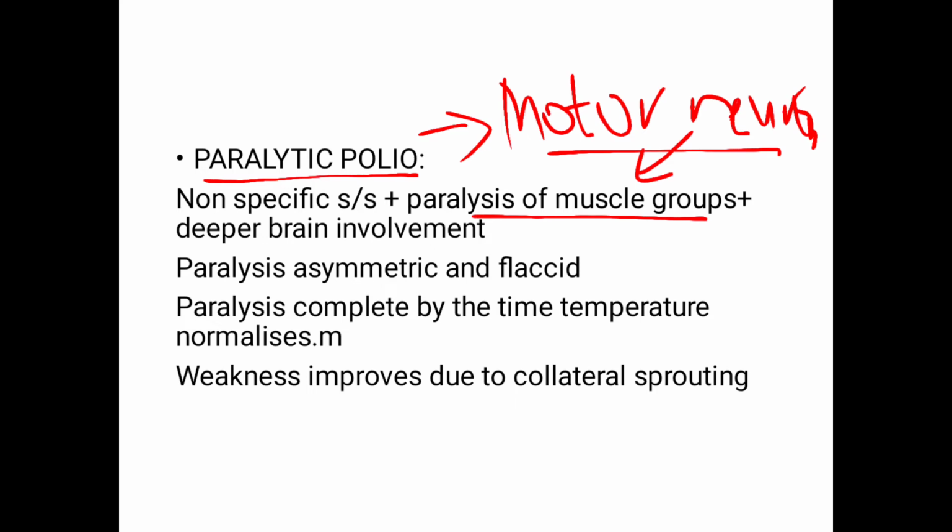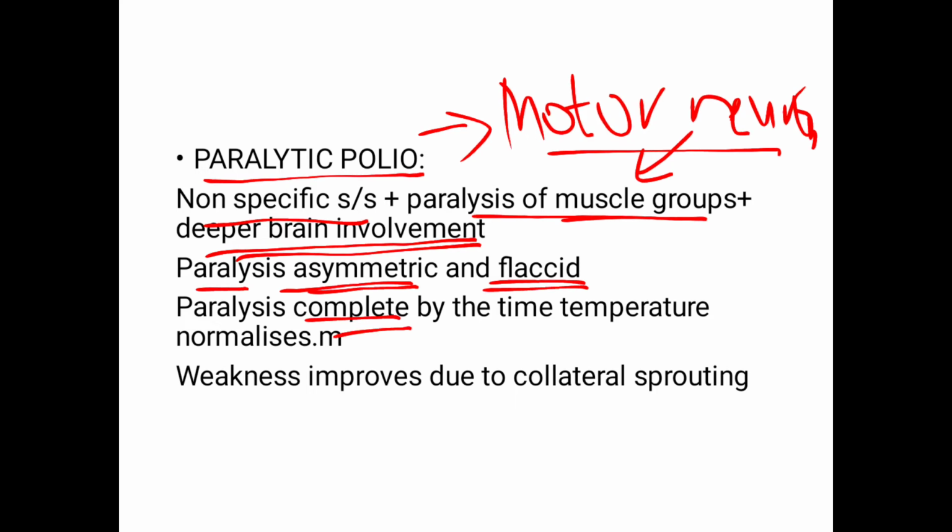So in paralytic poliomyelitis, we have the non-specific signs and symptoms, that is fever, anorexia, plus we have a paralysis of the muscle groups, and we also have deeper brain involvement, which manifests as pain, spasticity, hypotonia, or vasomotor changes like hypertension. So you can expect the paralysis to be asymmetric and flaccid, since we have a destruction of the lower motor neurons, and in lower motor neurons we have a flaccid paralysis, in contrast to the upper motor neuron lesions, which manifest as spastic paralysis.